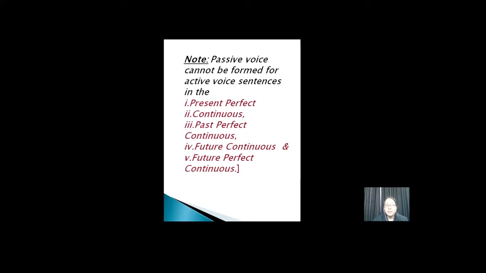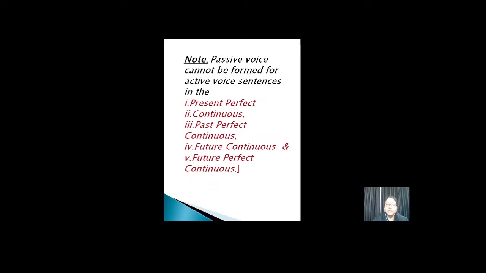Now students, here is a very special and important note for you. We have done present tense. In present tense, we did three: simple present, present continuous, and present perfect. In past, we did simple past, past continuous and past perfect.